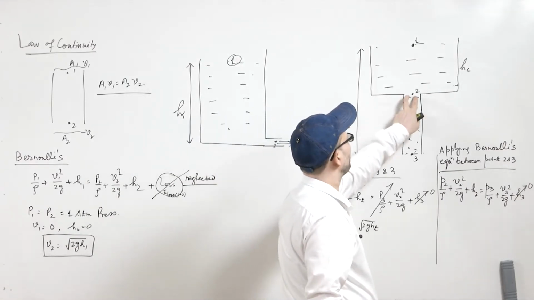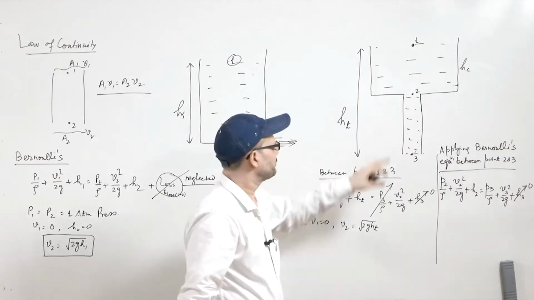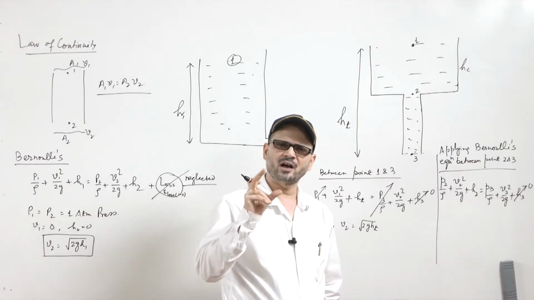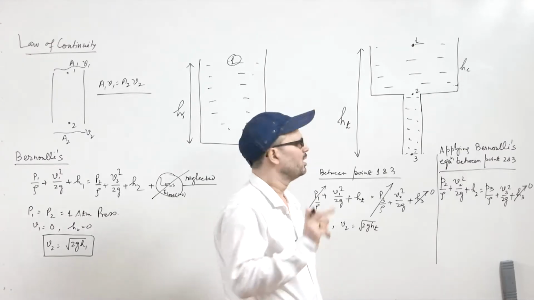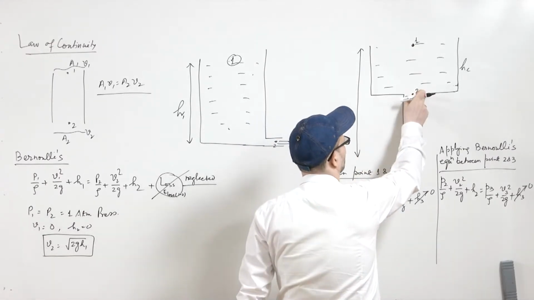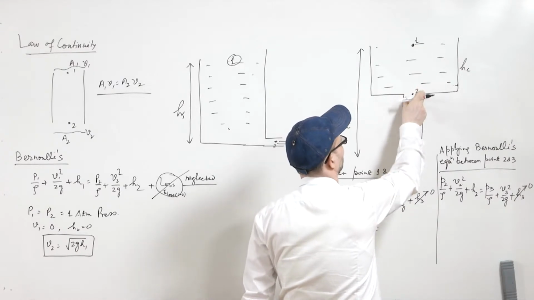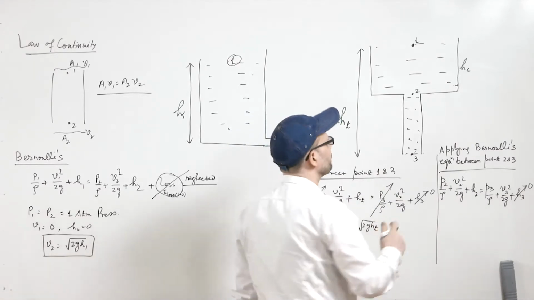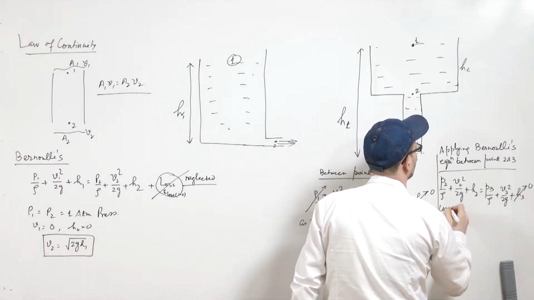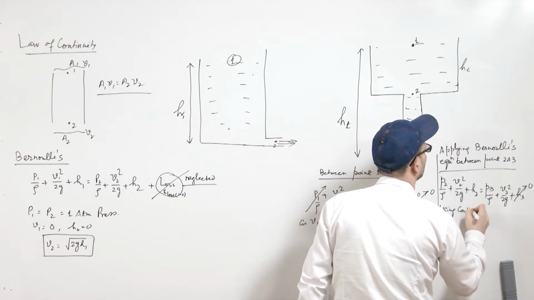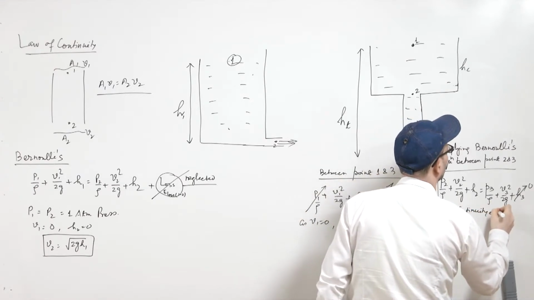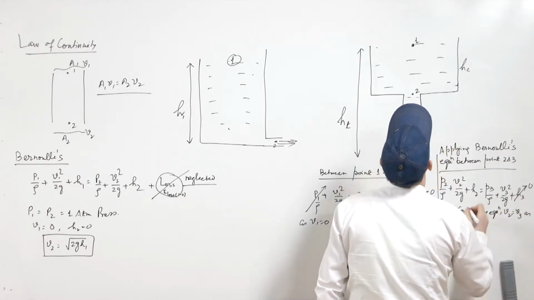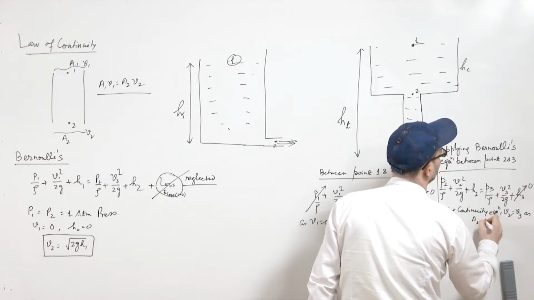Since the cross section area at point 2 and 3 is the same, using the continuity equation, the velocity will be the same. V2 has to be equal to V3 as you have A2 equal to A3.